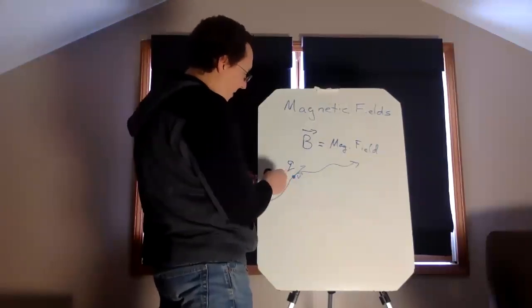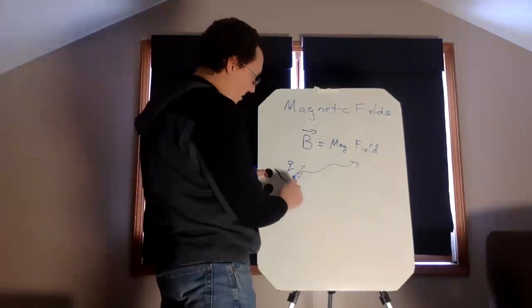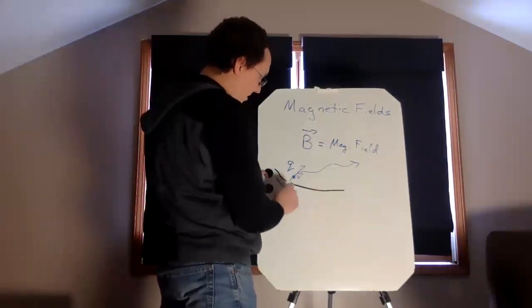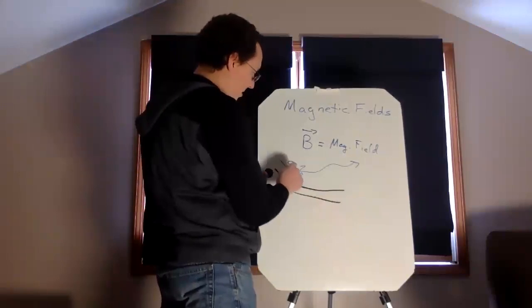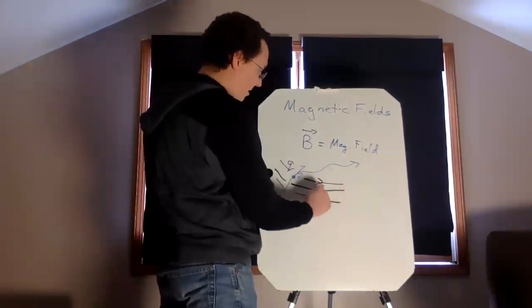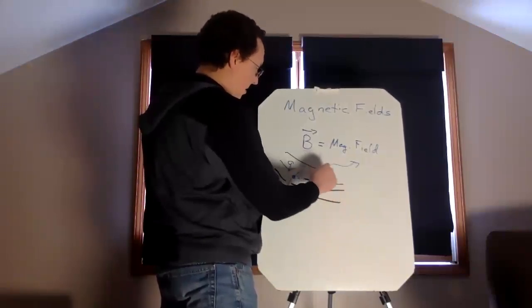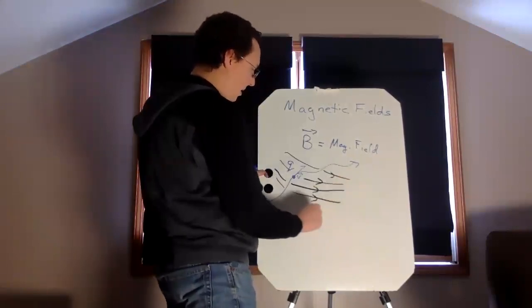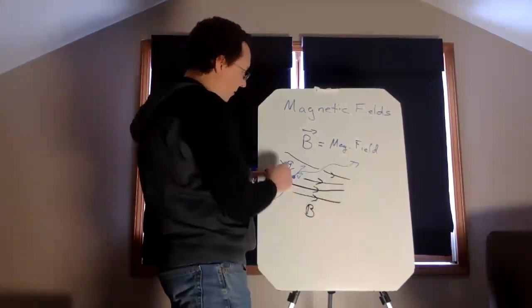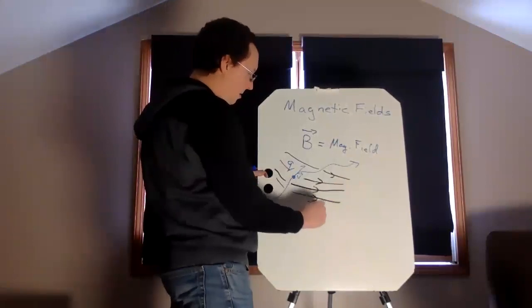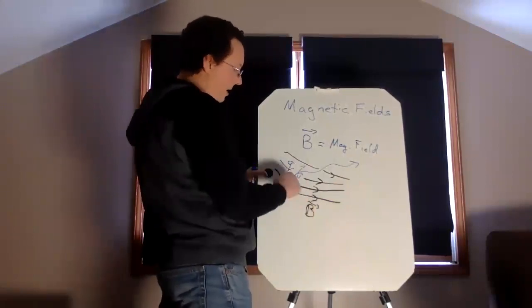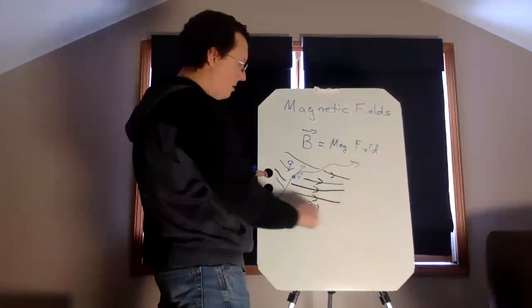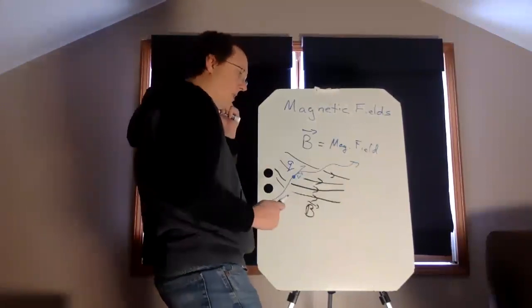So my magnetic field will be in black. I have a particle moving with a velocity v, which is tangent to the path, and there's a magnetic field, which is in black.